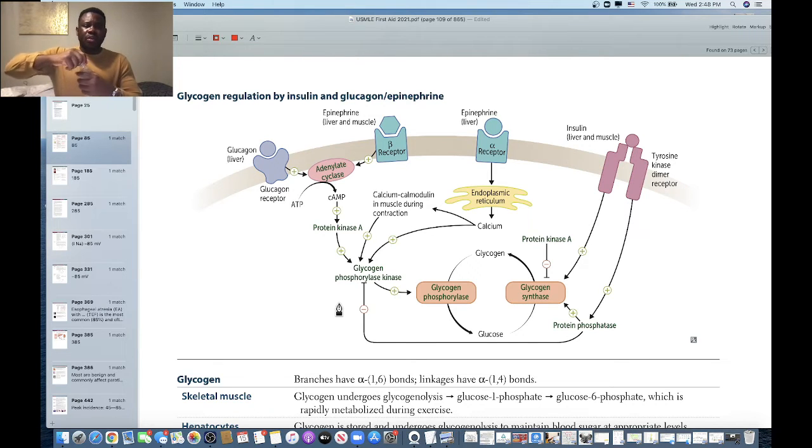Now let's look at glycogen regulation by insulin and glucagon or epinephrine. Very, very high yield as well.